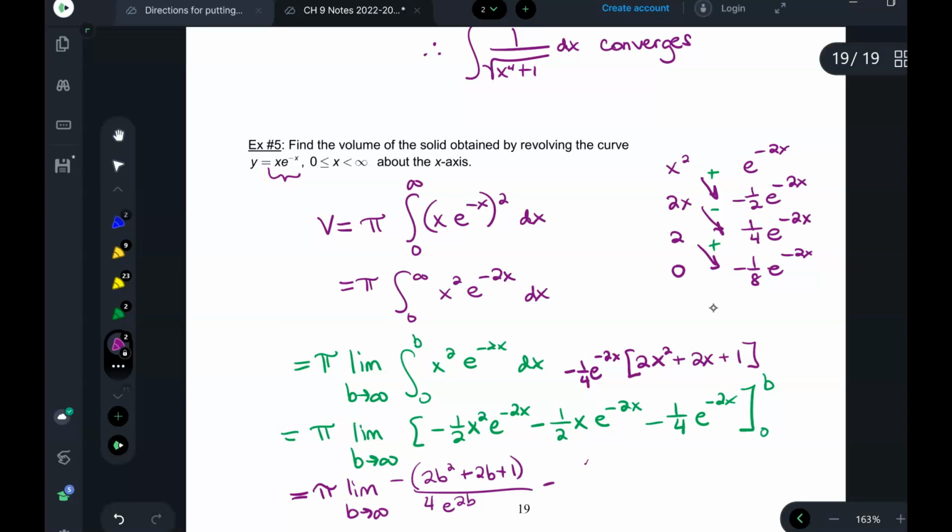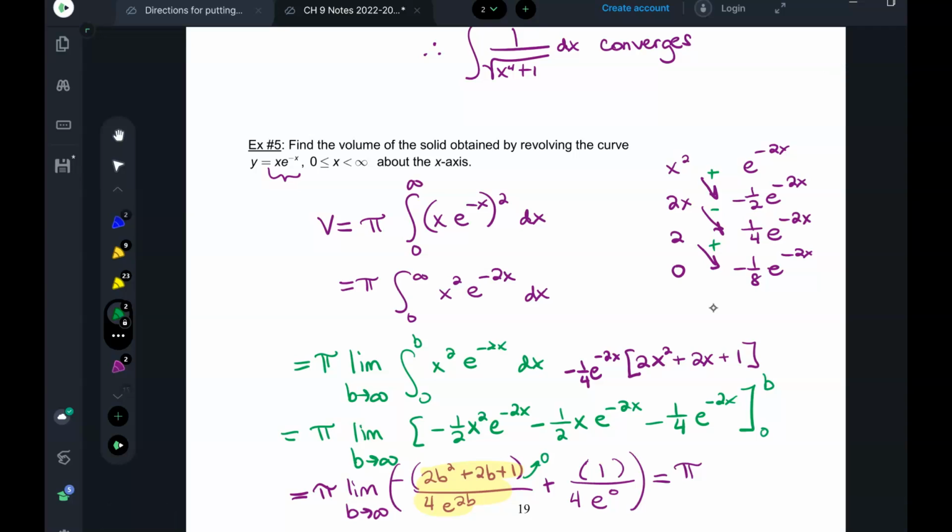So minus negative, and then it'll be 1 over 4e to the 0. Okay, so I have pi. Now this whole thing is all going to go to 0. So I basically end up with pi times a fourth, or pi over 4. And that is the end of our very long lesson.